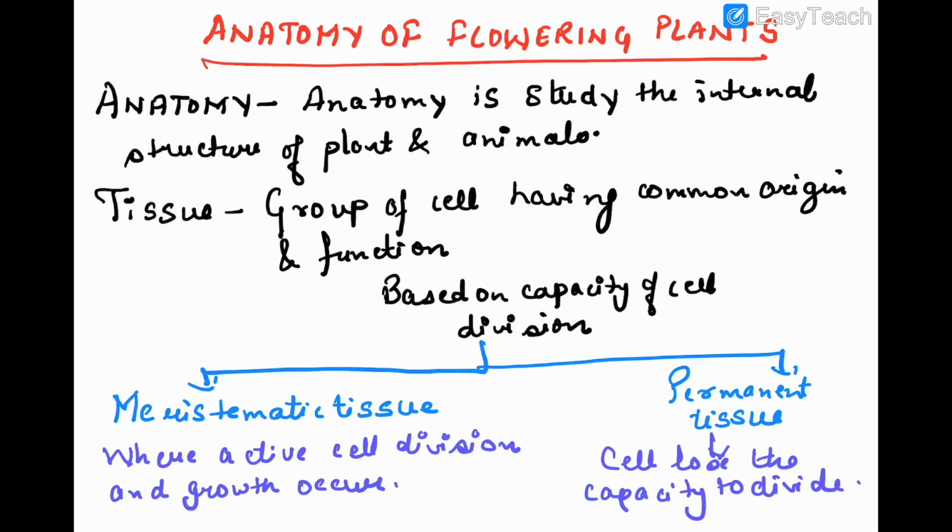In meristematic tissue, there are active cell division and growth of the cells, whereas in permanent tissue, when the meristematic tissue loses the capacity to divide, it becomes permanent.